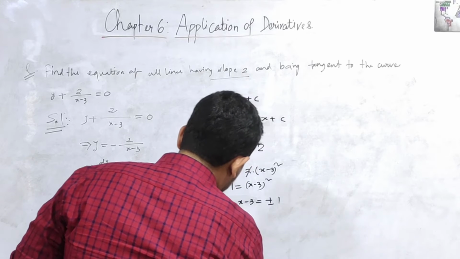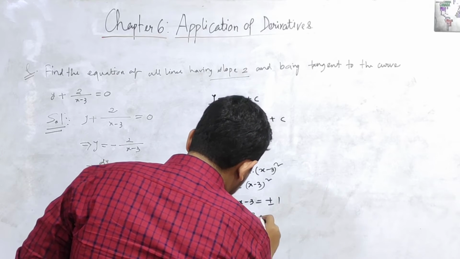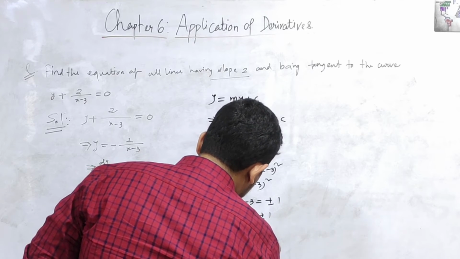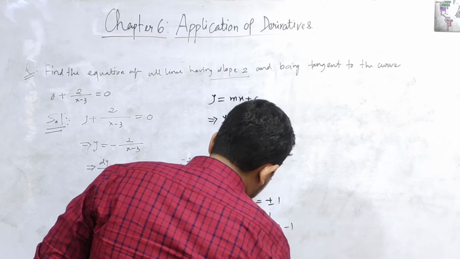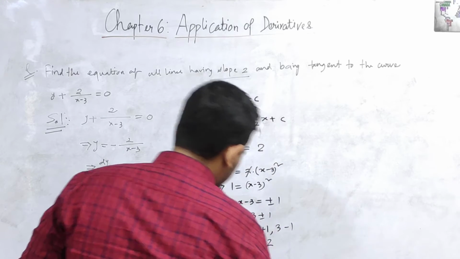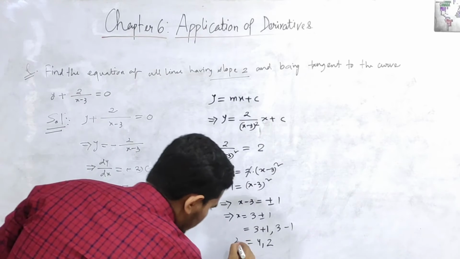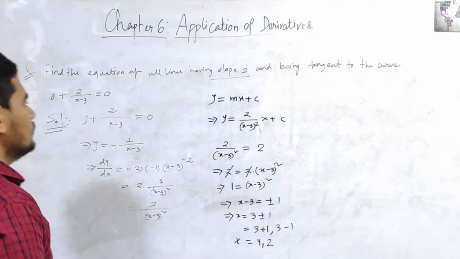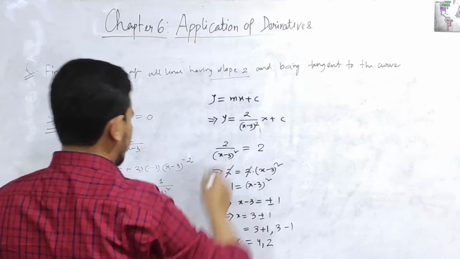So this will be plus minus 1. So I will get 3 plus minus 1, so I will get 3 plus 1 and 3 minus 1. So basically at point x equal to 4 and x equal to 2, I am having the slope 2.